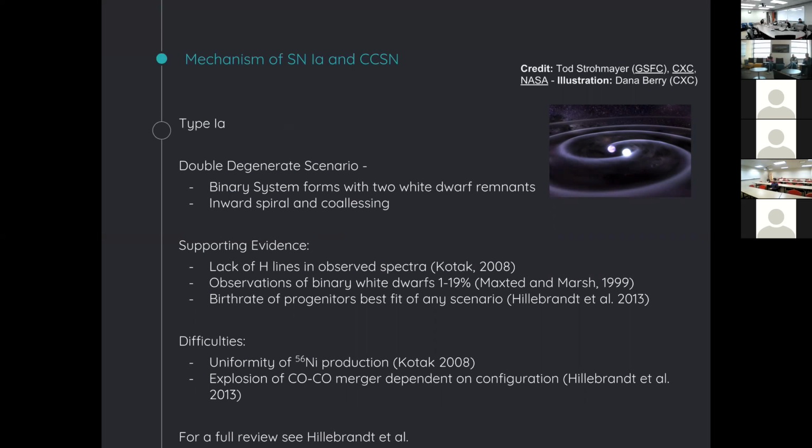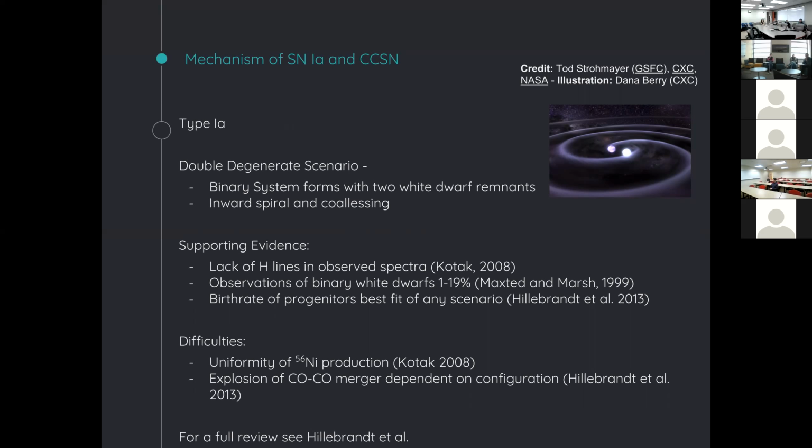However, there are some difficulties because of the nature of the distribution of masses of white dwarfs. You might expect that the distribution of the production of nickel 56 would also be different.